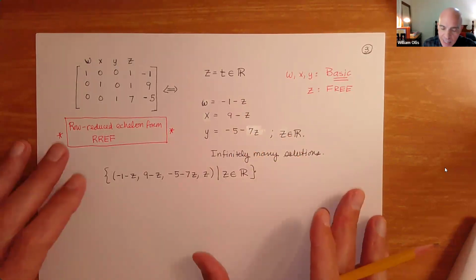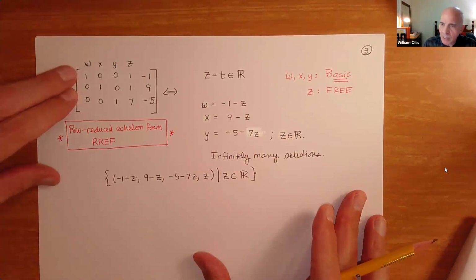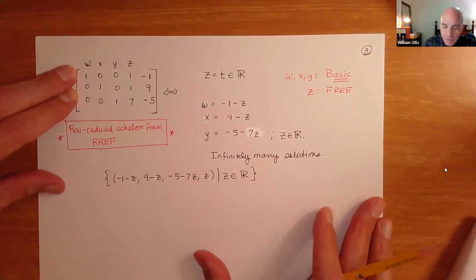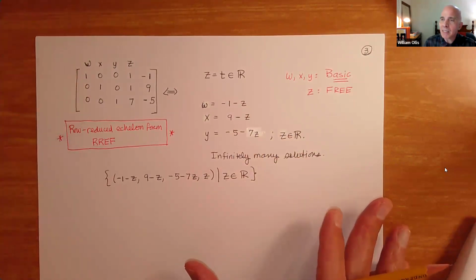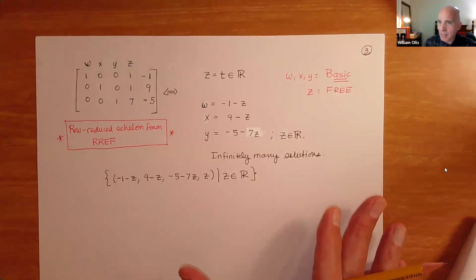So you can see that if you were using the old technique of dealing with 3 equations and 4 unknowns, that might get a little bit complicated trying to keep up with the process.